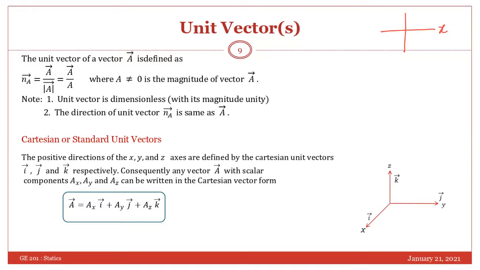So this is x direction, this is y direction, for example. And if we have a force of 300 Newton acting in the positive x direction, now if somebody wants to know what is the force vector, so how much will be the force vector in terms of unit vectors?